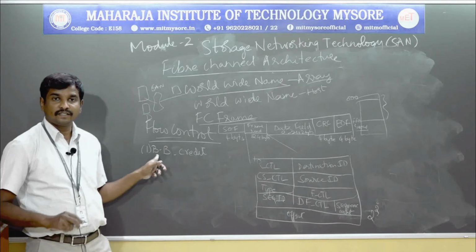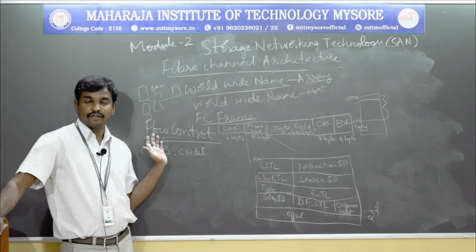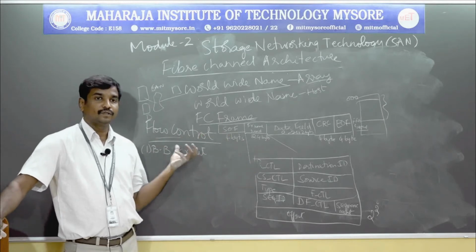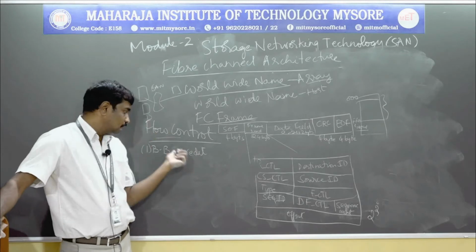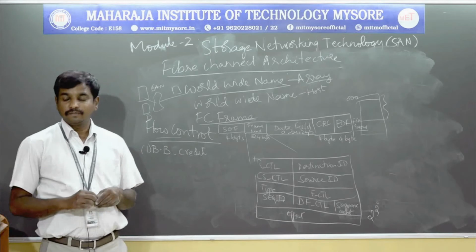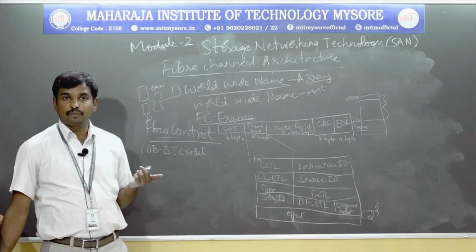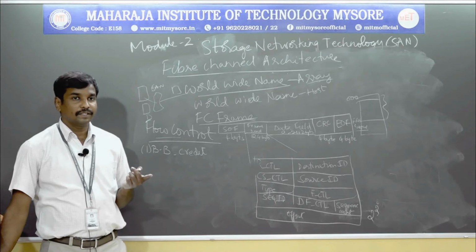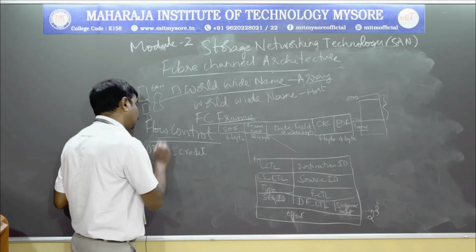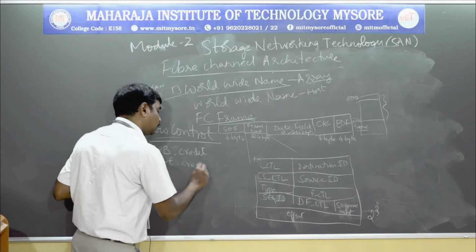So in this type of mechanism, it can transmit the maximum number of frames without any break in the switches. Okay, so it is used for managing the frames in the switches between the two ports. Okay, and we have something called end-to-end credit. So this is the second method of flow control, the end-to-end method of flow control.